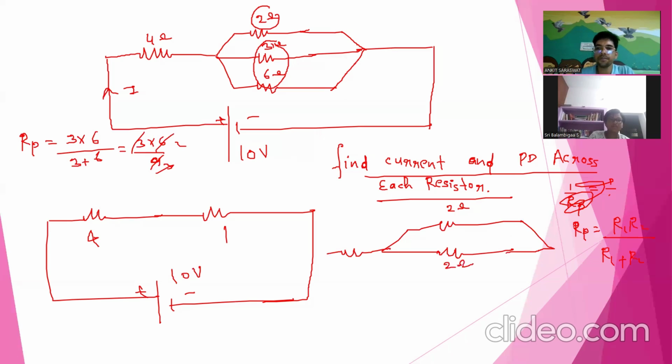Understood? Sir, why did we make it like series, sir? 3 and 6 are parallel. You just join these two and write a combination. This is the topic now: the parallel combination. You just combine 3 and 6 and make it 1.